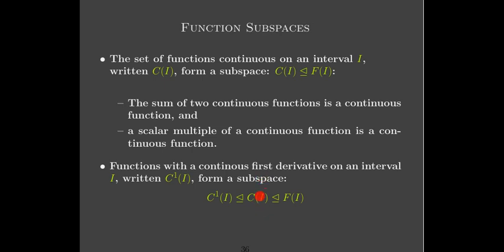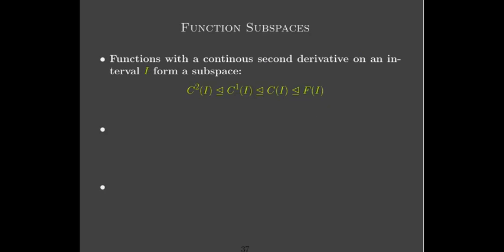The absolute value function, for example, on -1 to 1 is not differentiable at x equals 0, even though it is continuous at x equals 0. And we can continue looking at functions which have continuous second derivatives. The more continuous derivatives a function has, we say that it's a smoother function.